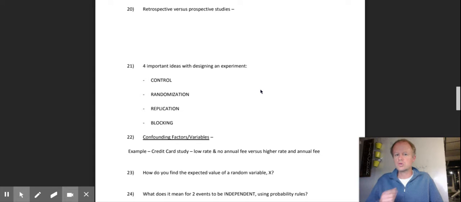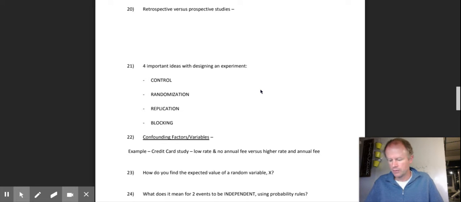So I couldn't control that. So what we do is we randomly select groups to give different treatments to, and that randomization helps balance the differences between the groups. And the idea is that if I balance those differences, then I don't have to worry so much about factors I can't control.